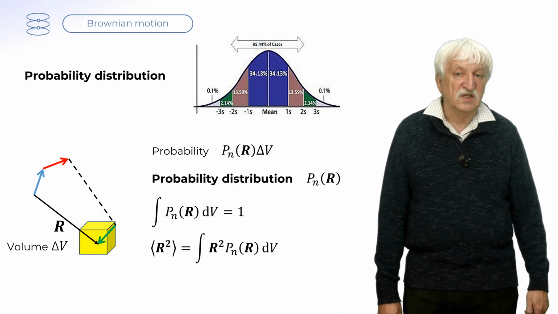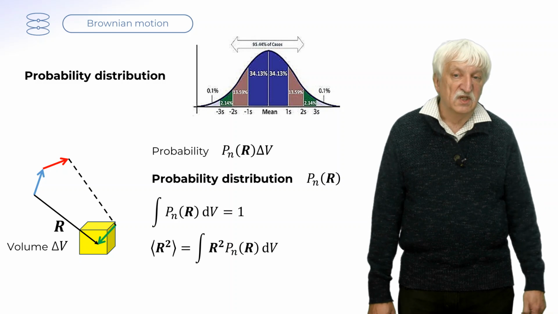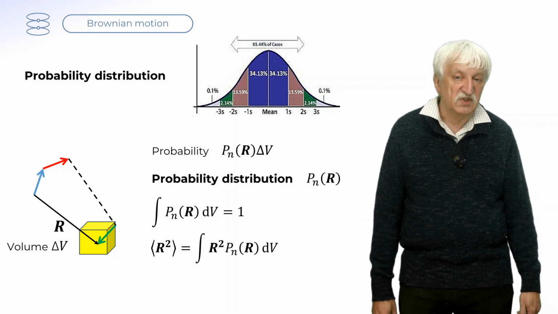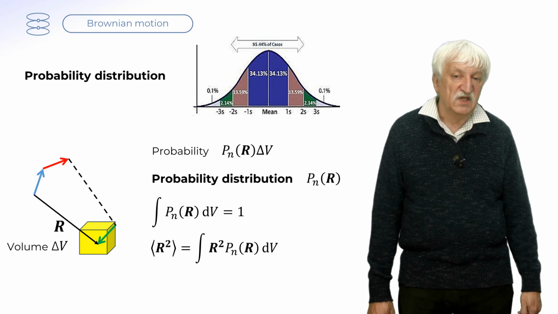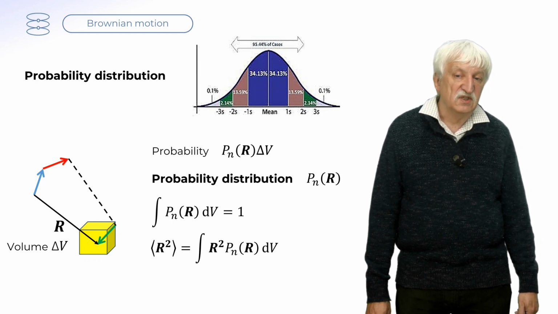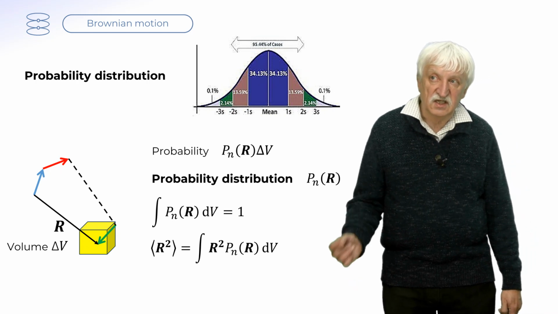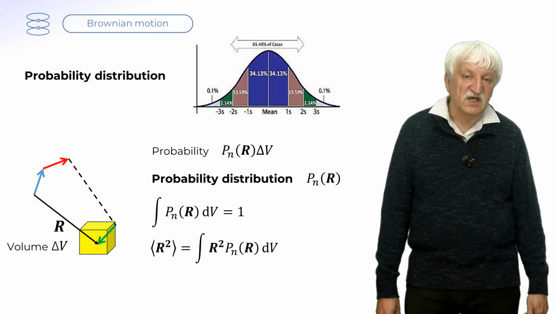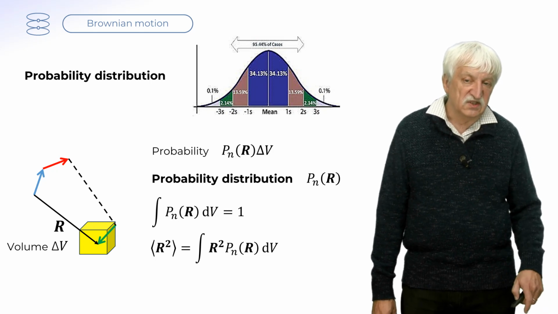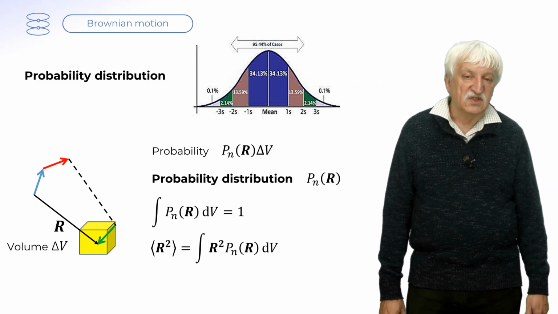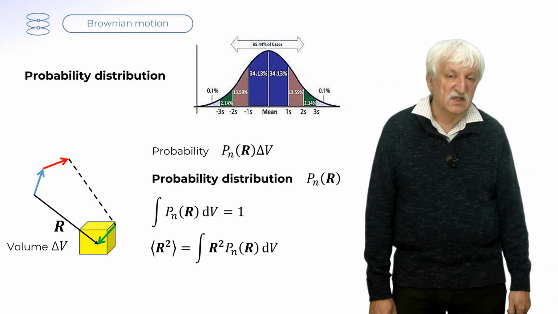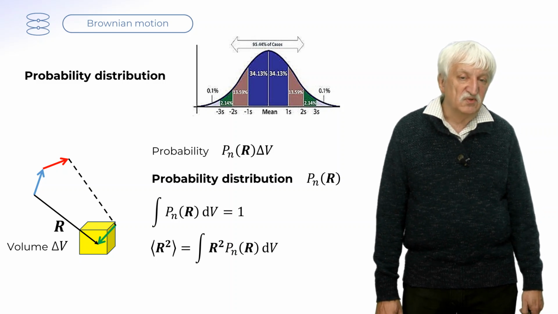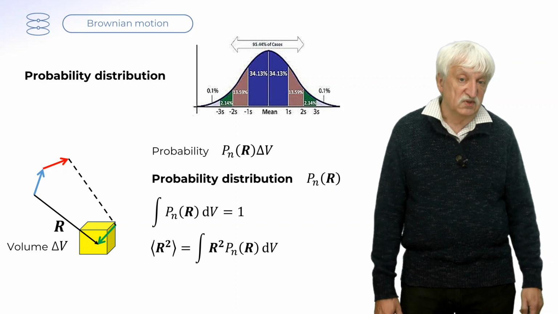So now consider a Brownian motion, and we introduce on this slide the probability that the random walk ends in a certain volume delta V. This probability can be written as the probability distribution Pn of R times this volume delta V, so it is proportional to this volume.